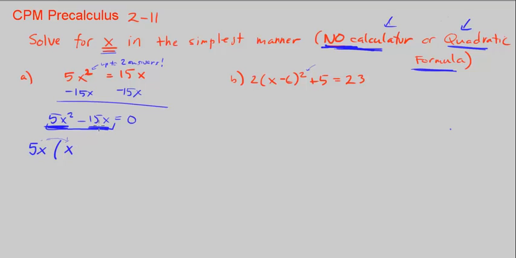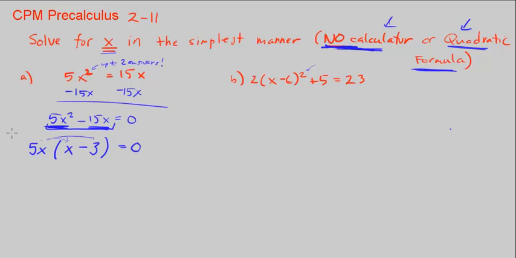So this term, if I divide negative 15x by 5x, well, 15 divided by 5 is 3, and since it's negative, I'm going to have a negative. X divided by x is going to just be 1, so I'm going to close it there. And I can check this by looking at, well, if I distribute 5x times 3, I'm going to get 15x. Okay, so that's my verification, and it's still equal to 0.